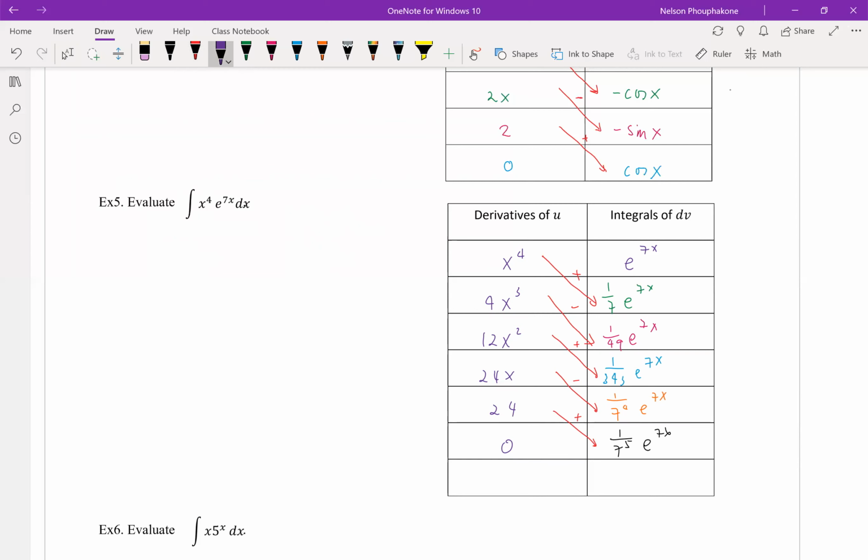So then my answer in this case right here will be 1/7 x to the 4th e to the 7x minus, so I will have 4 over 49 x to the power 3 e to the 7x plus 12 over 343 x squared e to the 7x minus 24 over 7 to the 4th x e to the 7x plus 24 over 7 to the 5th e to the 7x plus c.